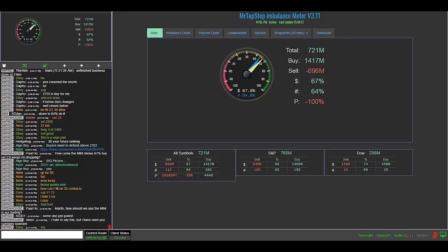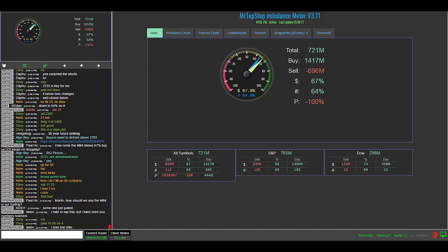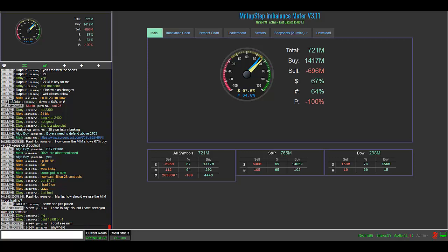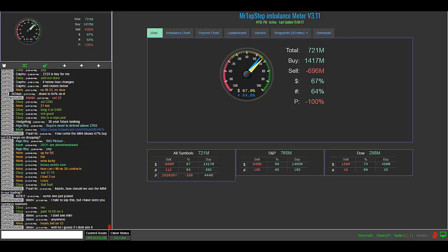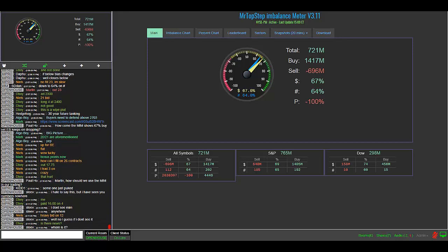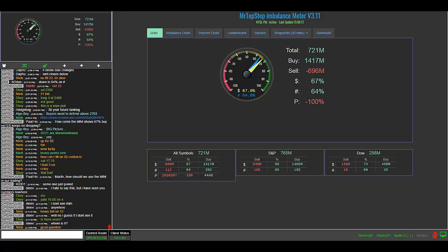Have you got the MiM up, Steve? Go to the right arrow above the chat that points to the right, click on that, and then click on MiM. Low tick of the day just went in.